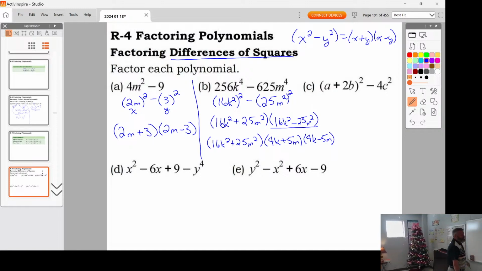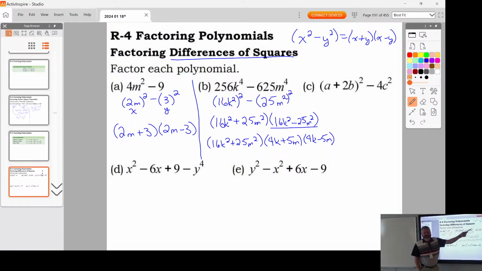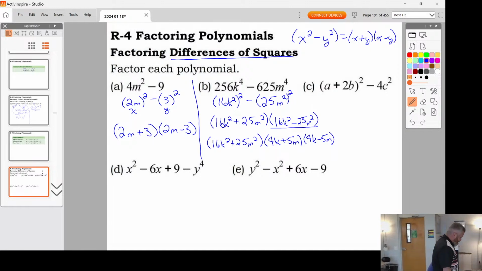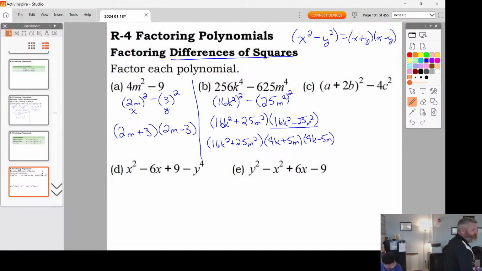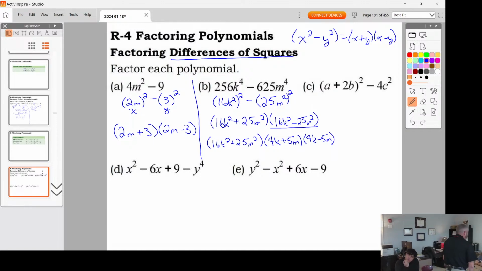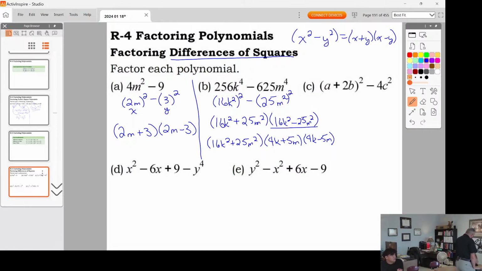Yeah, we're on part C. We try to follow the alphabet, A, B, then C. If you did this, then you've got 2c squared squared. That's going to give you c to the fourth. So that square was right, but the one on the inside needed to go bye-bye.